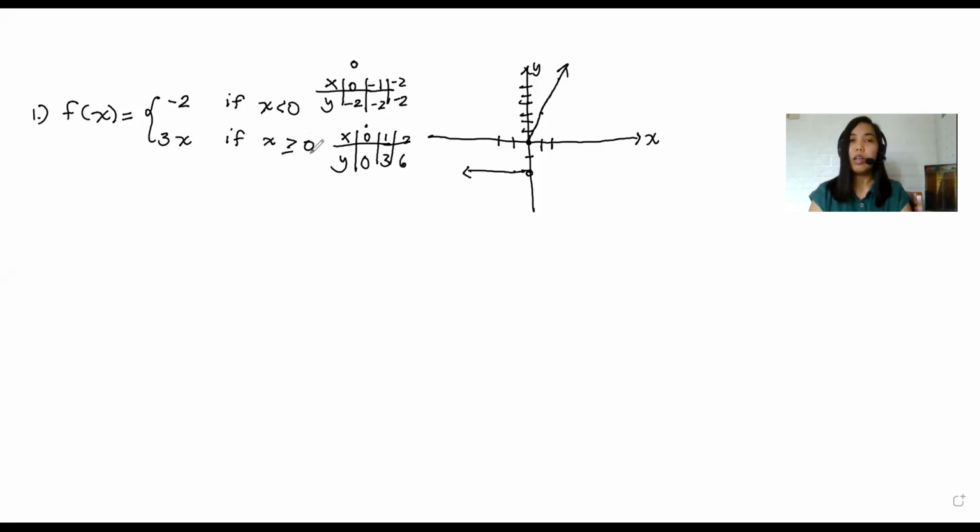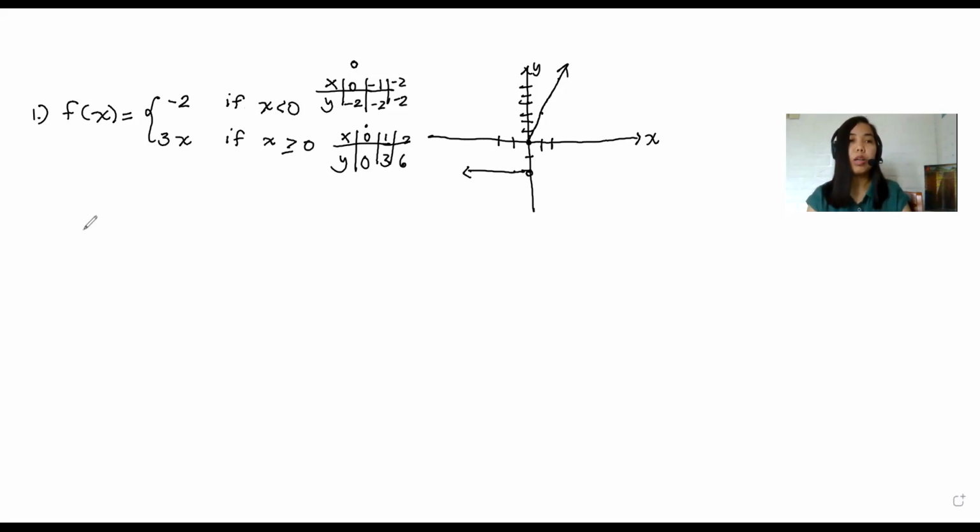And here is A from the right because we have greater than or equal to. So it means 0 going to the right. And here, less than means 0 going to the left.